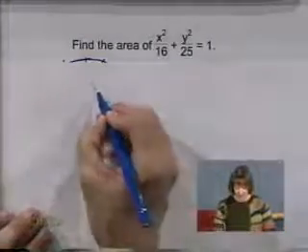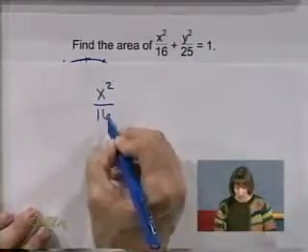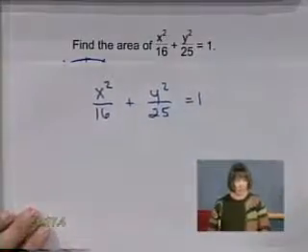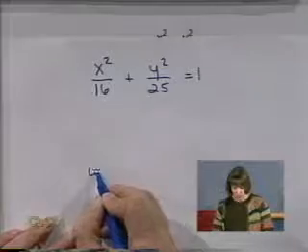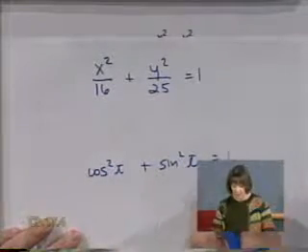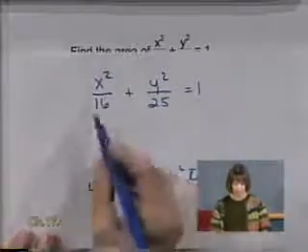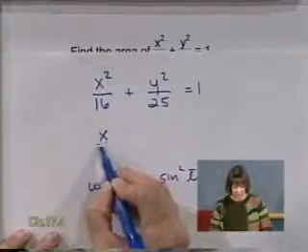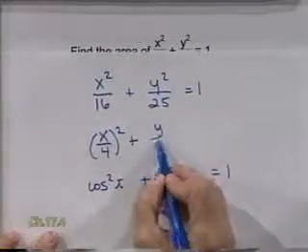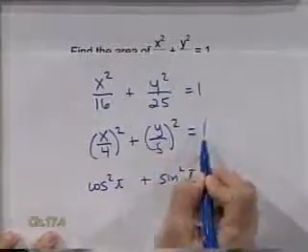Here's my hint. I have the curve x squared over 16 plus y squared over 25 equals 1. Now I know cosine squared plus sine squared is equal to 1. I'm going to write x squared over 16 as x over 4 squared, and y squared over 25 as y over 5 squared.